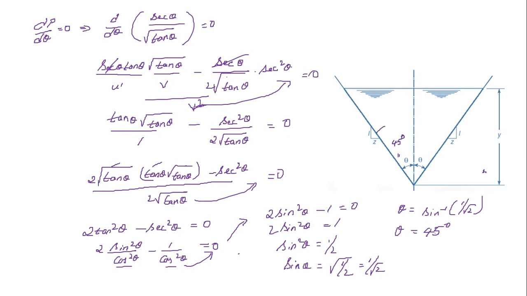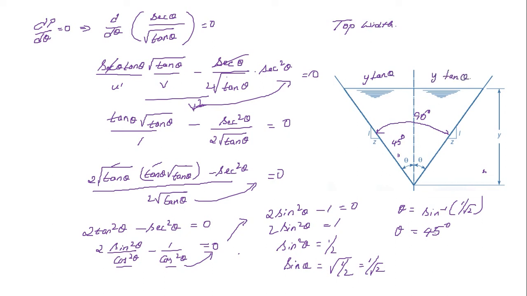That is, the angle between these two inclined sides has to be 90 degrees. Okay, so this is the condition for this channel. Okay, and of course you can write this in this term. See, top width. What is the top width of the triangular channel? Top width, you know, this is y tan theta and this is y tan theta.